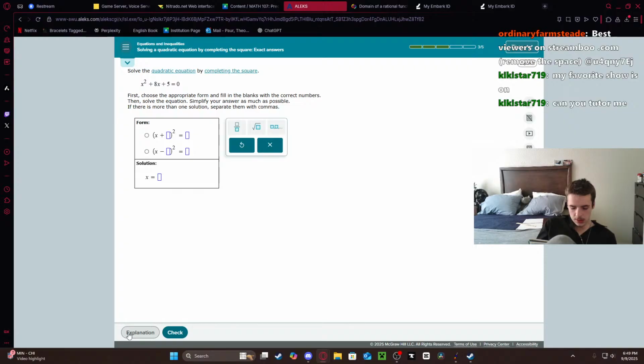X squared plus 8x plus 16 equals 11, because you have negative 5 plus 16 is 11, which gets you x plus 4 squared equals 11, bang, x equals negative 4 plus or minus square root of 11.